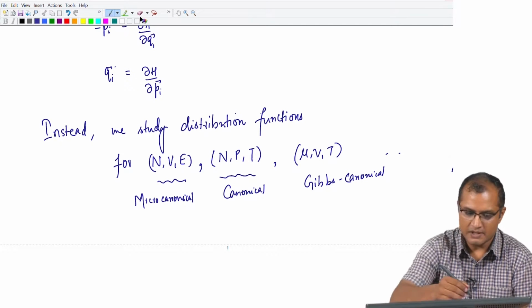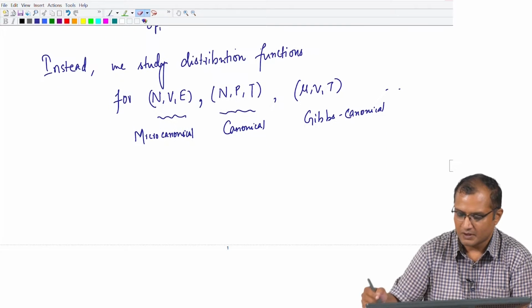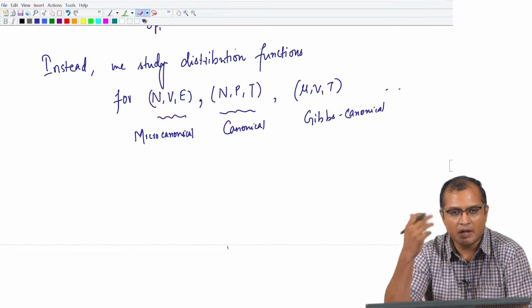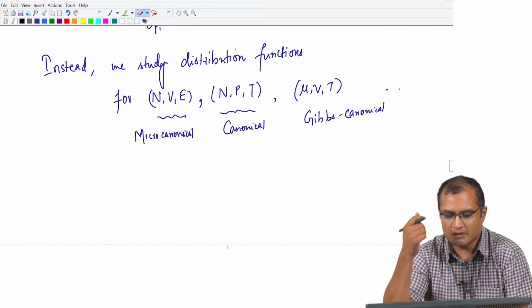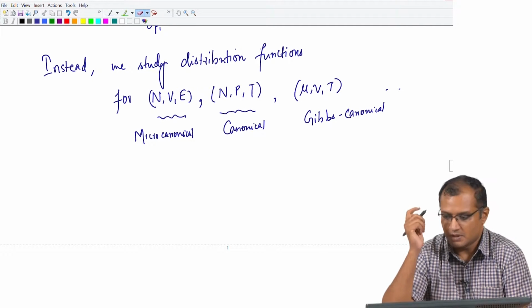So, instead of studying the exact Hamiltonian evolution, or the evolution of the trajectory of particles, we will be concerned about the stationary properties of these systems.